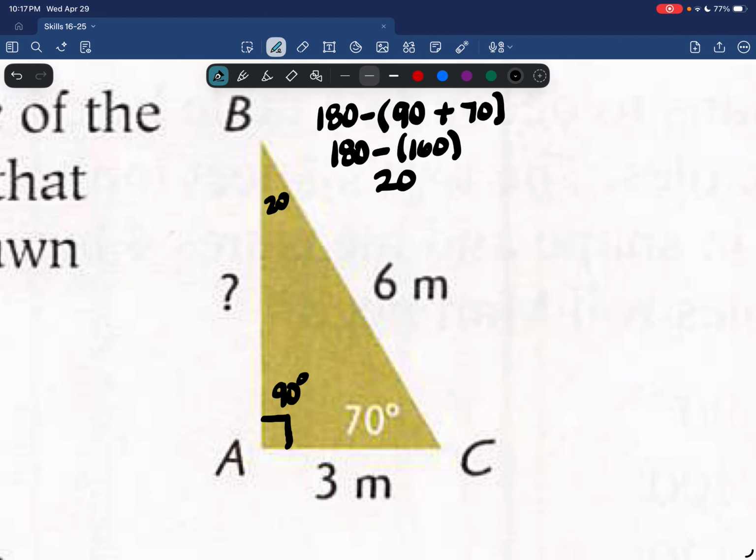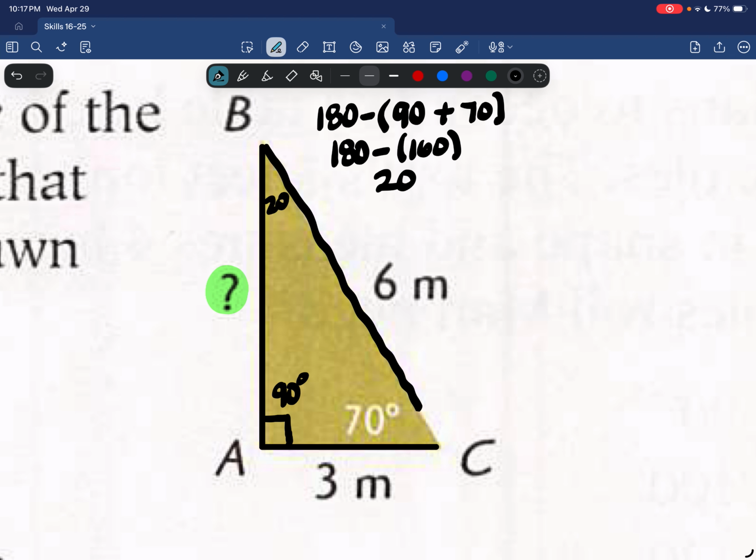It's great to know, but it doesn't matter a hill of beans here. They want to know this distance. They want to know the length of this leg of the right triangle. So since it is a right triangle, Pythagoras is going to help me solve it.